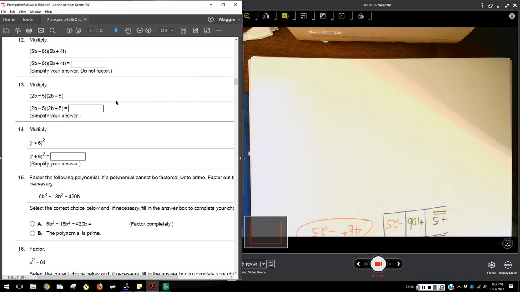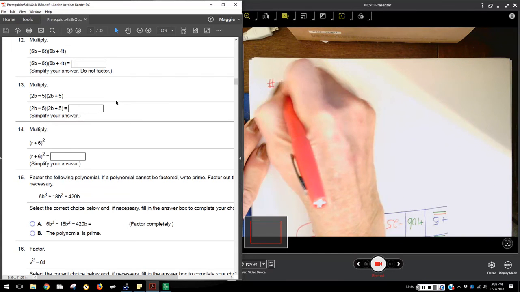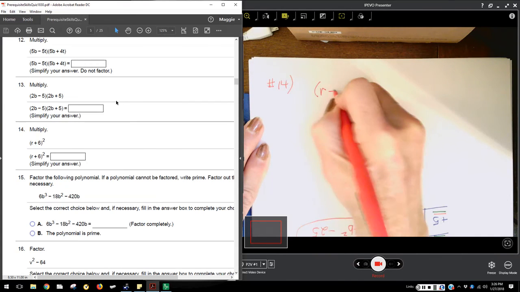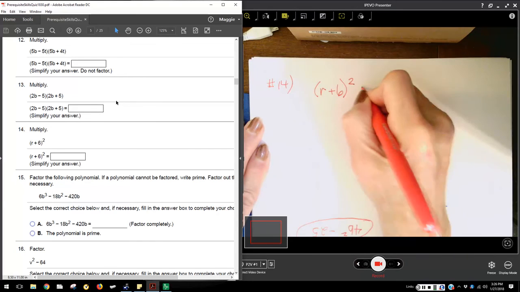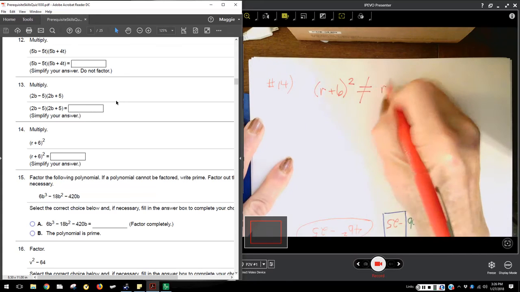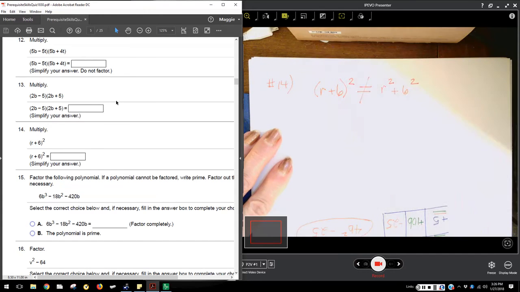I'm going to make you the caution, first of all, that in number 14, r plus 6 squared does not equal r squared plus 6 squared. That is not what that means. Please do not make that mistake.